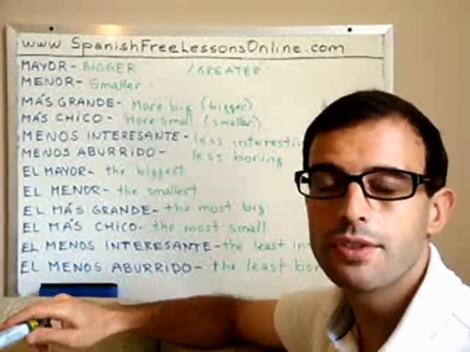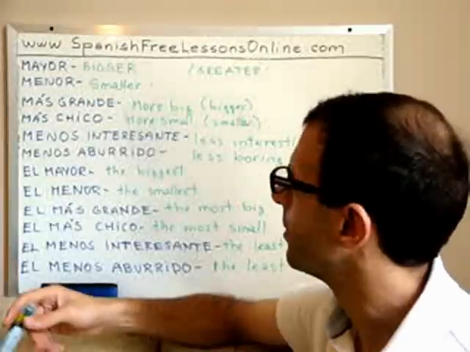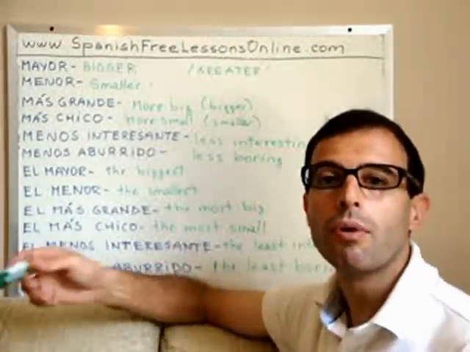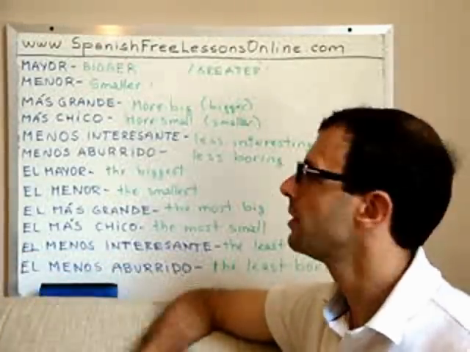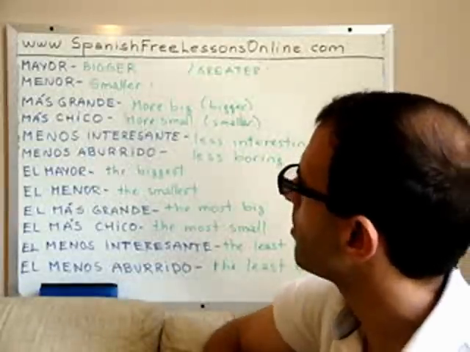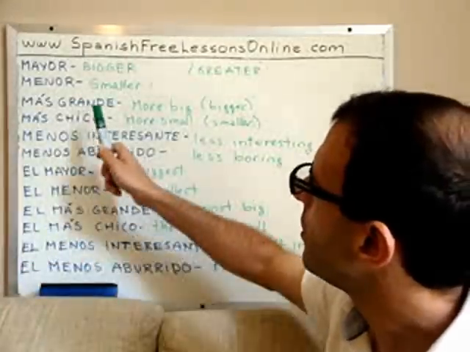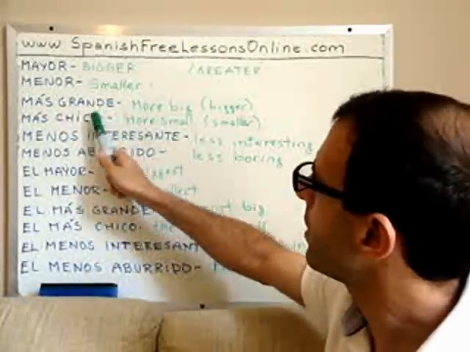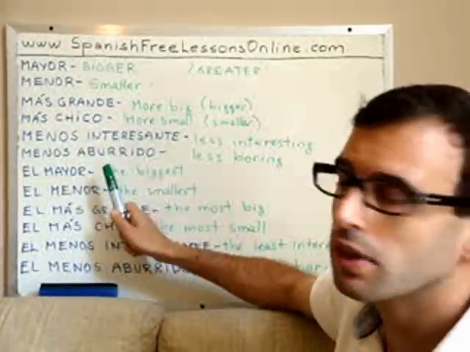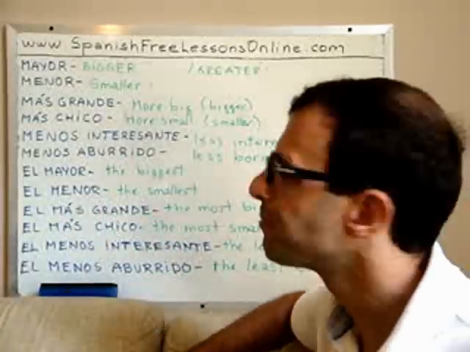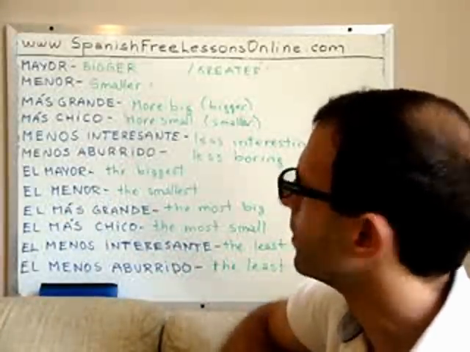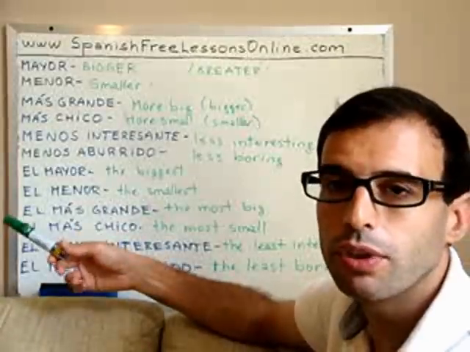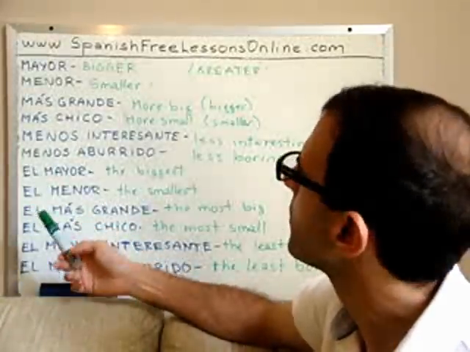Because any adjective is susceptible of being more or less, right? So here, for example, I have chosen these four adjectives: big, small, interesting, boring, okay? But you can actually choose and use any other adjective.